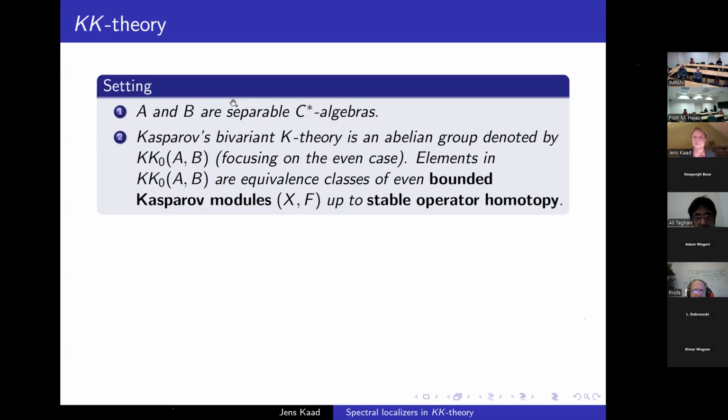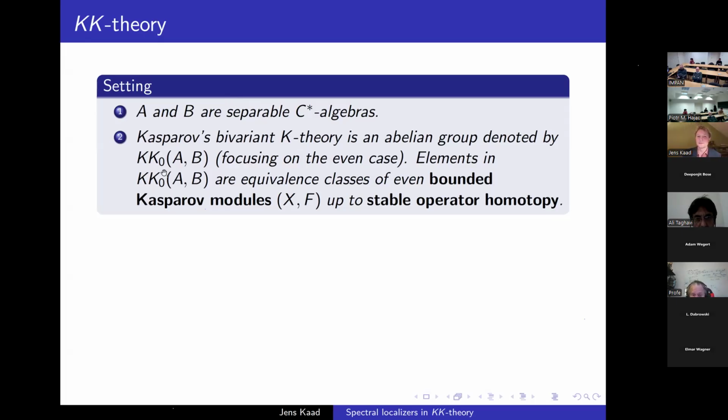Okay, so out of these separable C-star algebras, we have the bivariant K-theory or the KK theory for the pair A comma B. And here I'm focusing on the even case. So for us, there's only the even KK group. There's also an odd KK group, but it's not relevant for this talk.